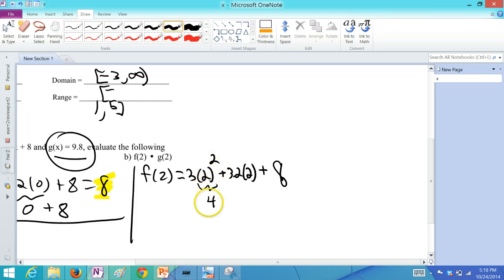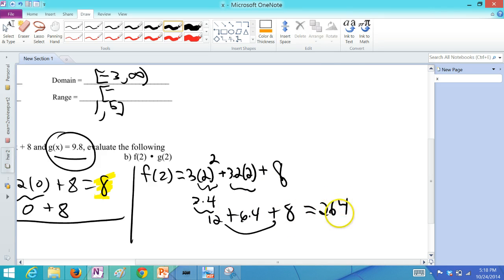Squaring 2 is 2 times 2. So 3 times 4 is 12. 3.2 times 2, if you take 3.2 and double it, you get 6.4. So we take 12, 6.4, and 8, and add them all together. You could put the 12 and 8 together to get 20. 26.4 is the result of f of 2.